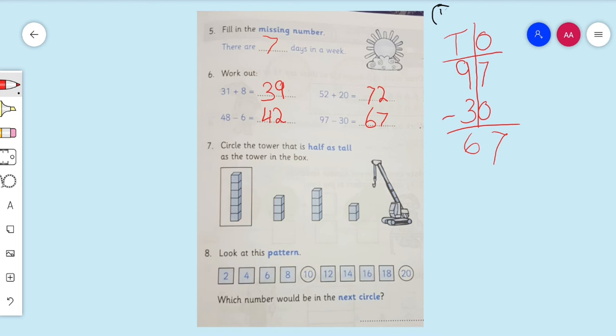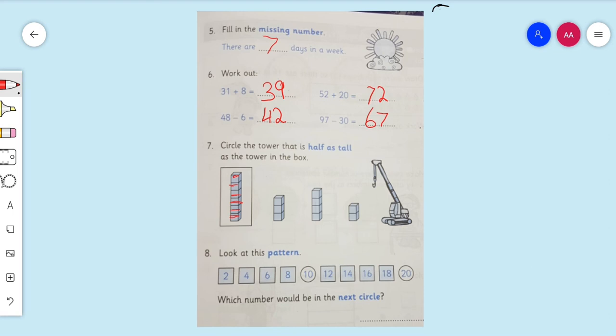Now let's do question number 7. Question number 7 says, circle the tower that is half as tall as the tower in the box. So the tower in the box is this tower. To find the answer, we need to count how many blocks there are. There are 1, 2, 3, 4, 5, 6.